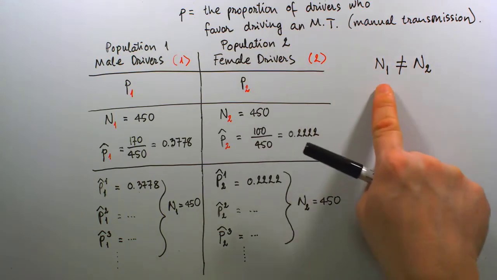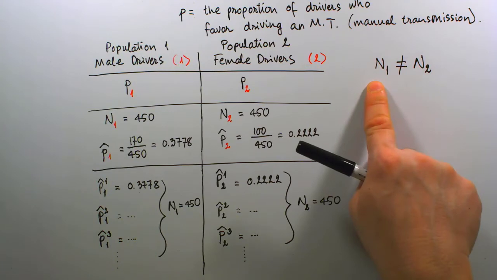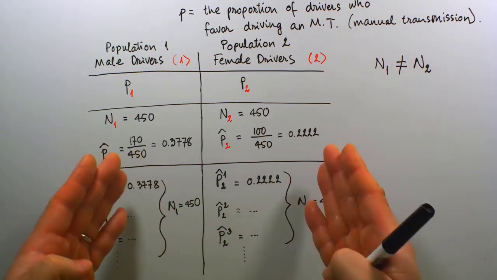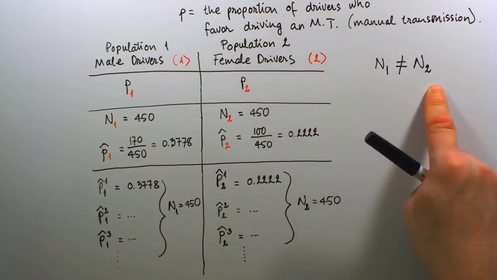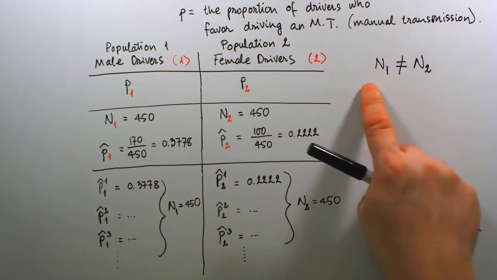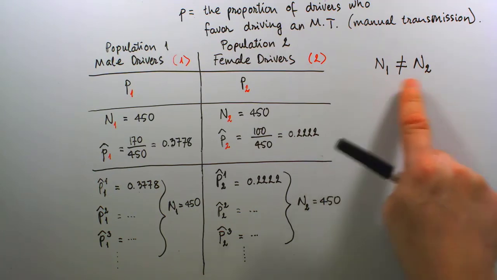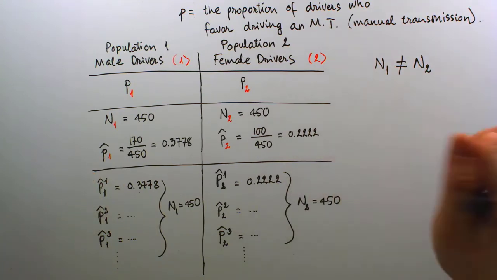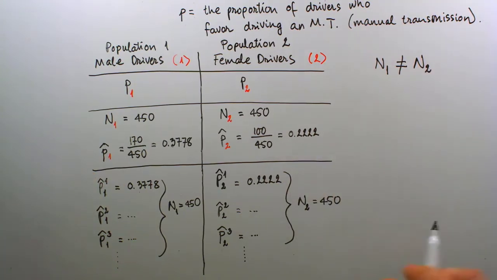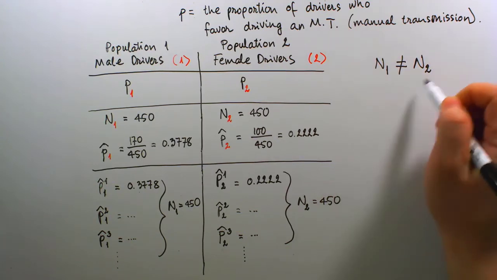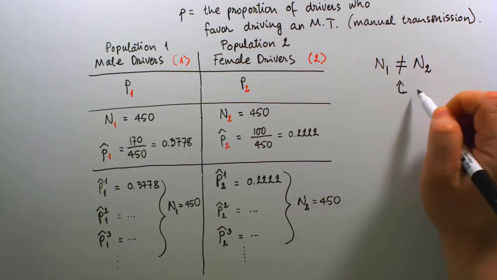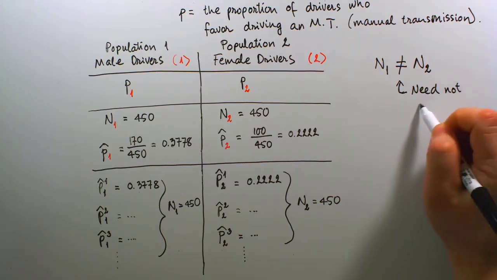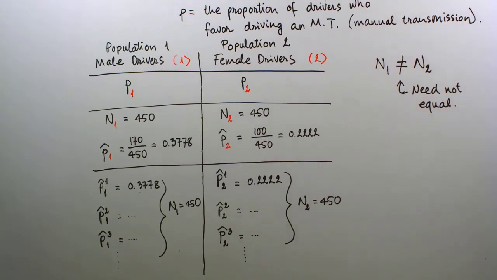But as a matter of fact, these two sample sizes are being decided on two separate populations. So there could be reasons out there where statisticians, scientists, or researchers stick with sample sizes on two separate populations being different. So my point again is that the not equal sign here only means they do not need to be equal. N1 and N2 need not equal.